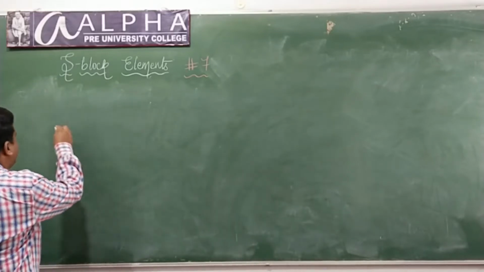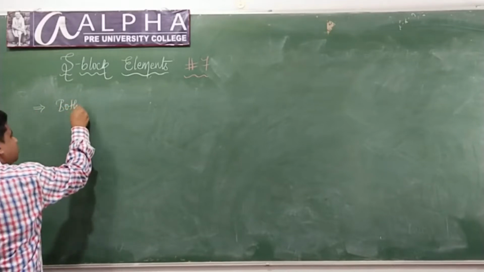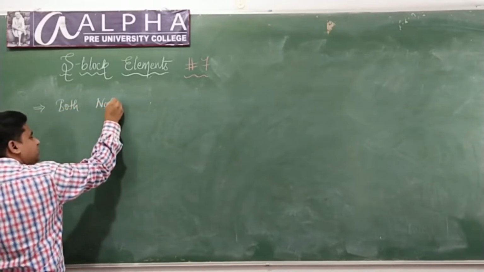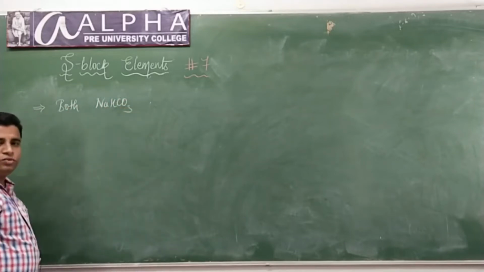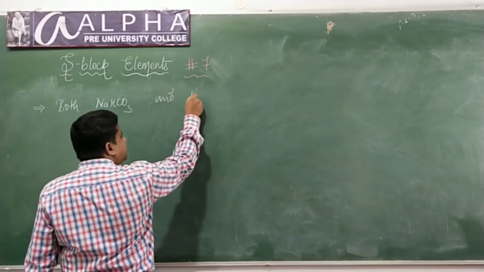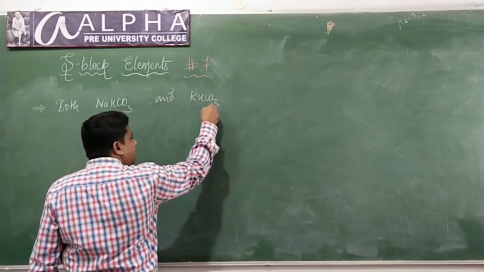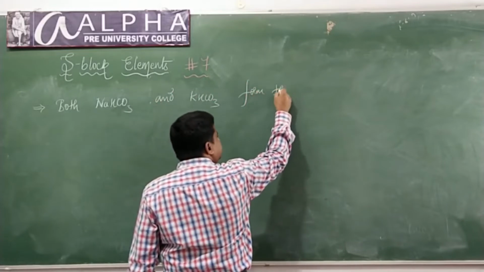What is the formula for sodium bicarbonate? NaHCO3. Both sodium bicarbonate and potassium bicarbonate form hydrogen bonds.